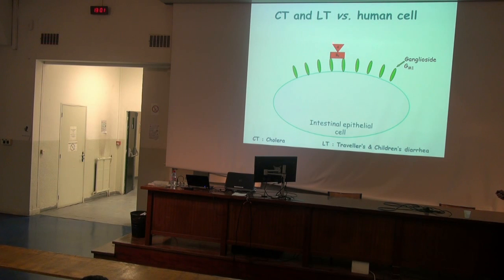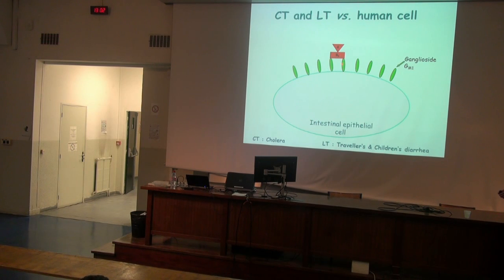But here is AB5. So it is a moonlander-like toxin. The B pentamer recognizes the sugar heads of ganglioside GM1 on the intestinal epithelial cells of human beings. And the toxin of CT and LT do exactly the same.